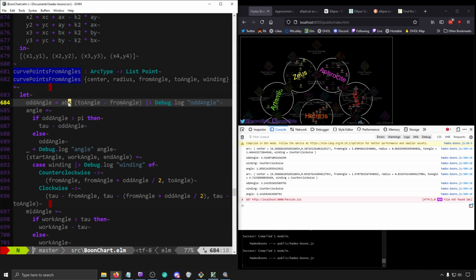So odd angle. So 1 minus 5 abs. Reasonable. Winding counterclockwise, so we're not doing anything to the angles per se.